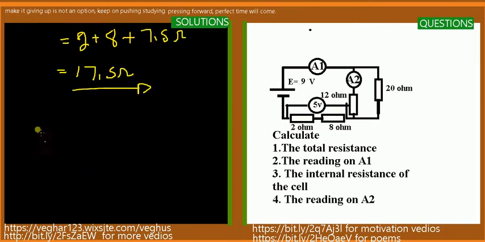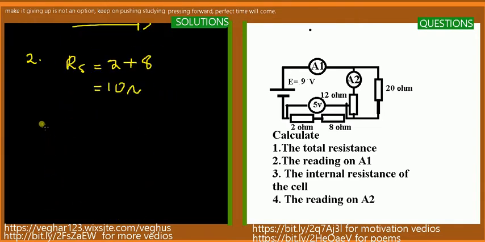So let's look at the current. Adding the 2 resistors which are in series, which are 8 and 2, we have 2 plus 8, which is 10 ohms. Then you have to find the total current. Because we are given the voltage on the series resistors, it can help us find the current here.